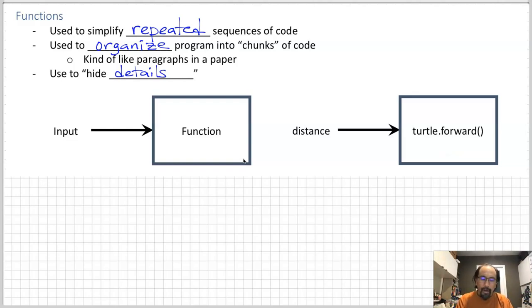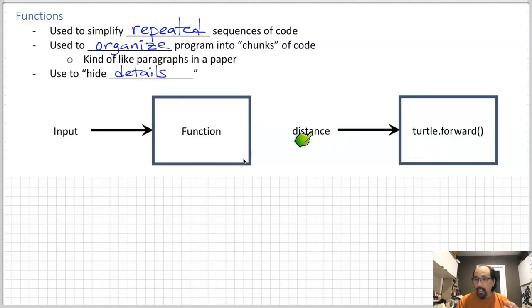Okay, first off, I'm going to diagram just a generic function that takes an input, and notice here it does not provide any output. We're going to see functions later on that also give an output, but we're going to start with just a function that is receiving an input. And we've seen a function like that, the turtle function that moves forward.